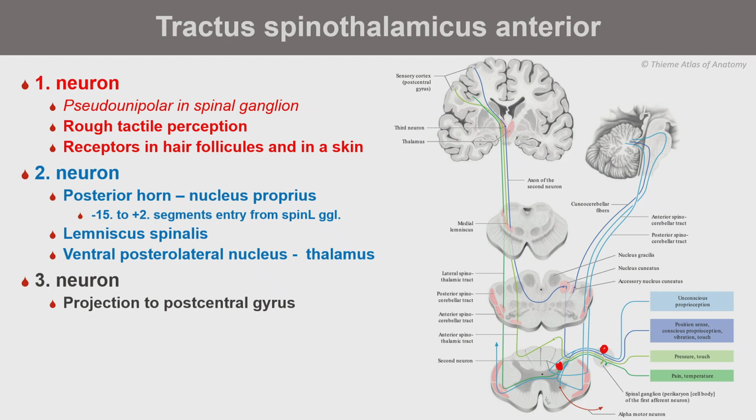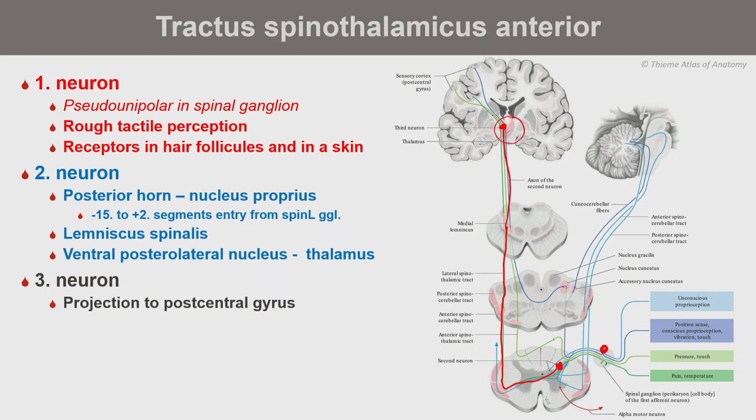And then this is crossing to the other side and going through the spinal cord, through the medulla oblongata, in the medial lemniscus, and going then to the, what is this structure?